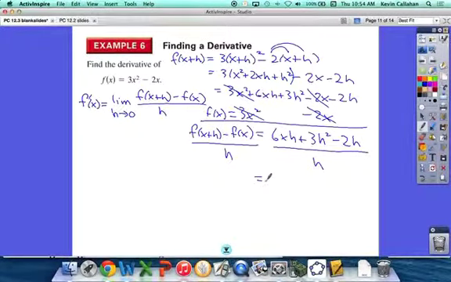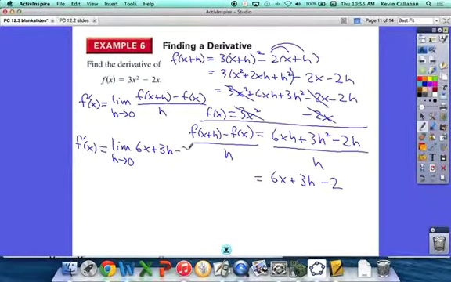So out of every term in the numerator, we cancel an h. 6x plus 3h minus 2. So f prime of x equals the limit as h approaches 0 of 6x plus 3h minus 2.